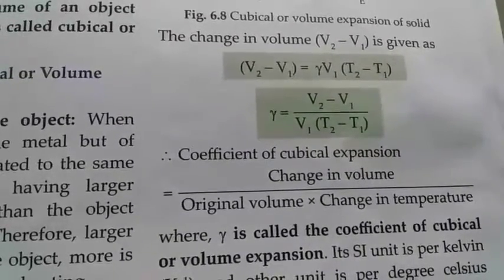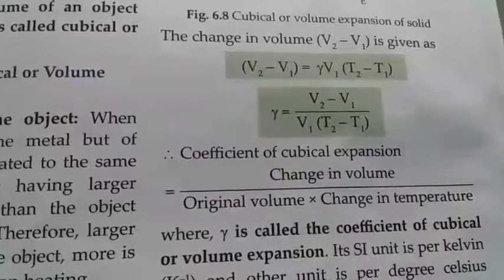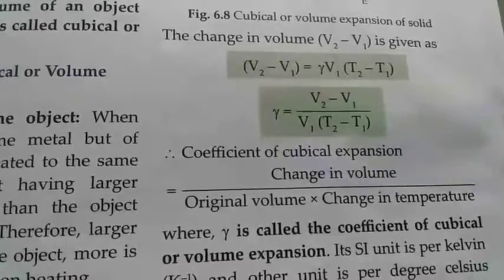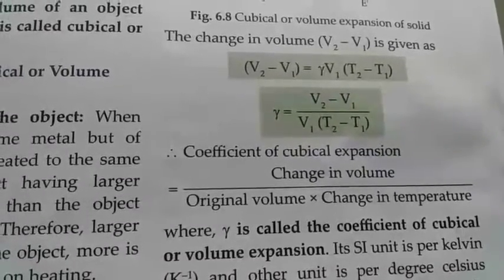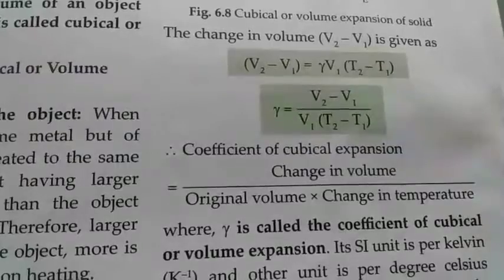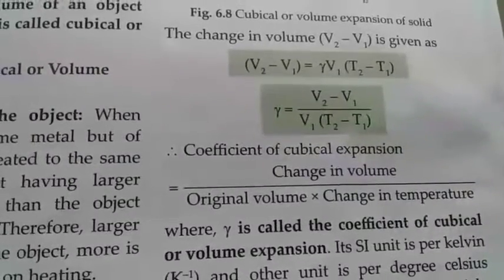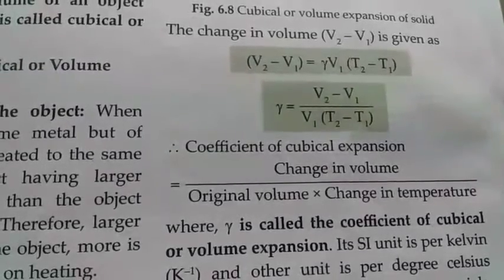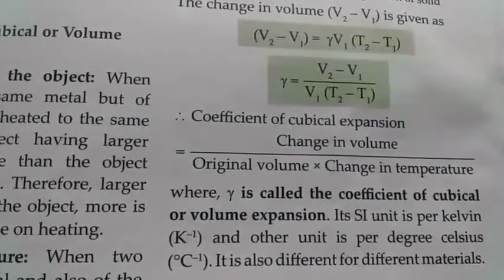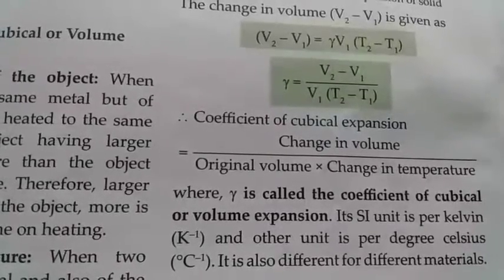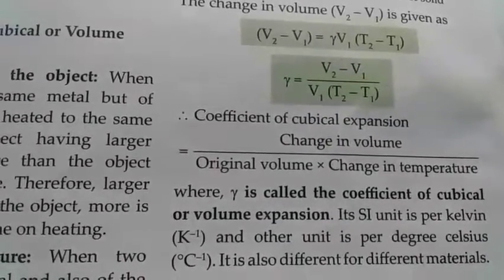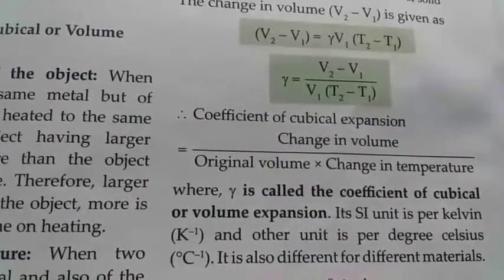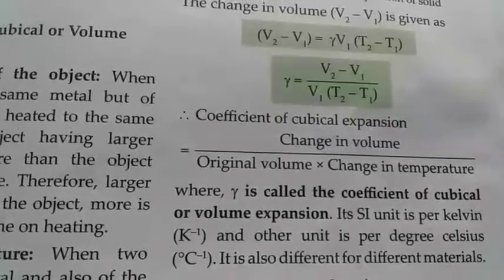So gamma equals V2 minus V1 upon V1 (T2 minus T1). So here gamma is the coefficient of cubical expansion, which is equal to change in volume, that is V2 minus V1, upon original volume V1, into change in temperature, that is T2 minus T1. Gamma is the coefficient of cubical or volume expansion, and its SI unit is per Kelvin and other unit is per degree Celsius, and it is also different for different materials.